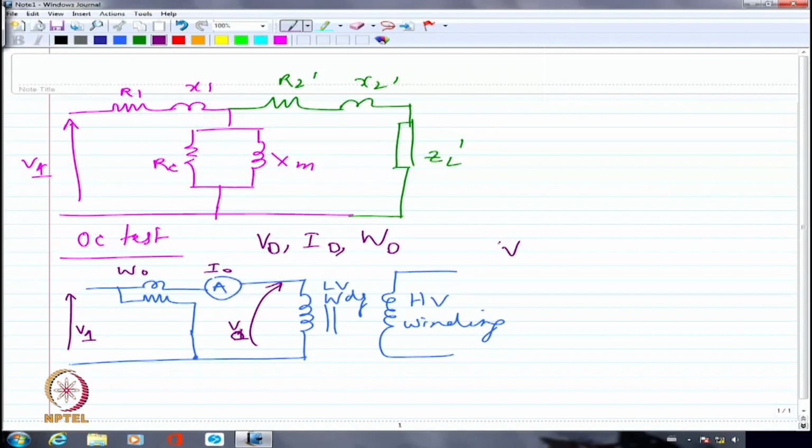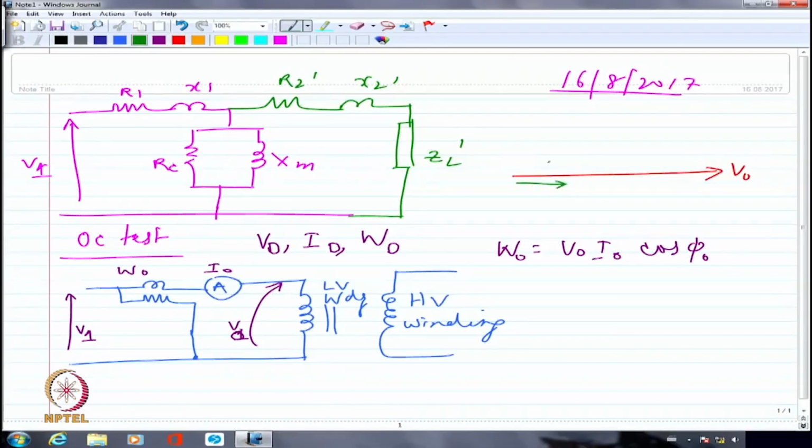So this is what we are doing, and then we got basically W0 equal to V0 I0 cos phi naught. So I should be able to get exactly what is cos phi naught or the no load power factor, from which, and from the phasor diagram we drew earlier, if this is V0, I am going to have this as IC and this as IM, and the addition of these two I am going to get as I0. So I am looking at IC as I0 cos phi naught, and we can say V0 by IC is equal to RC.